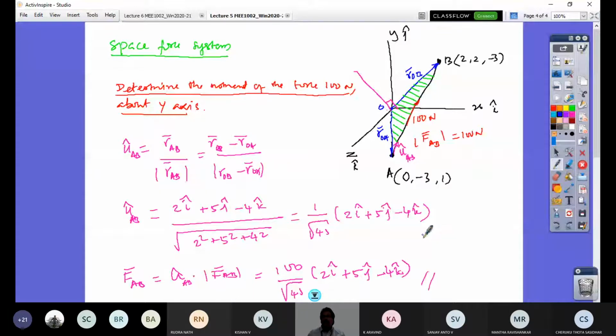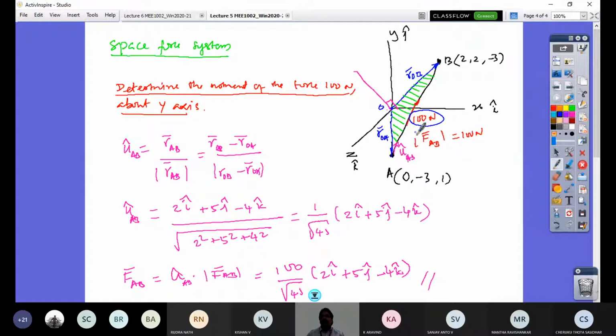So this is the problem from last class that we looked at, wherein there is a force of 100 Newton magnitude acting along the line AB, where the position of A and position of B is given in this Cartesian coordinate system by these coordinates.